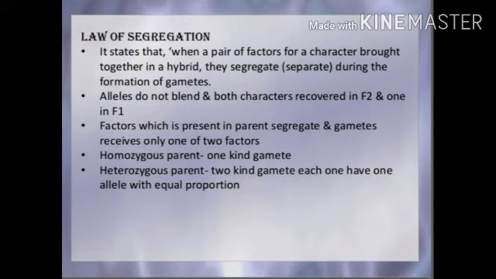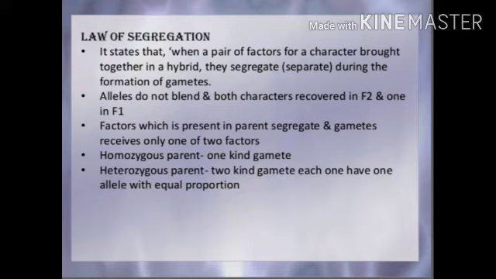Alleles do not blend, and both characters are recovered in the F2 generation, while in the F1 generation only one is recovered. The factors present in the parents segregate, and gametes receive only one of the two factors, either tall or dwarf. In the homozygous parent, one kind of gamete is there, but in the heterozygous parent, two kinds of gametes, each having one allele, are formed in equal proportion.